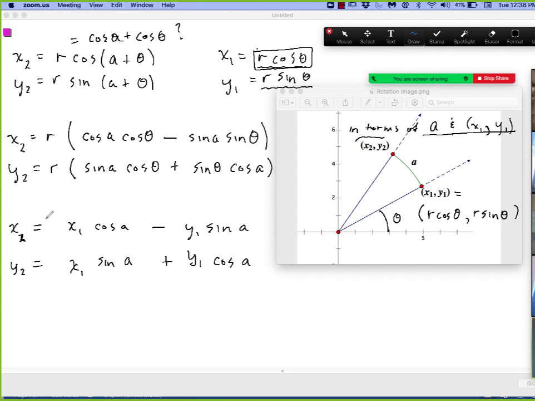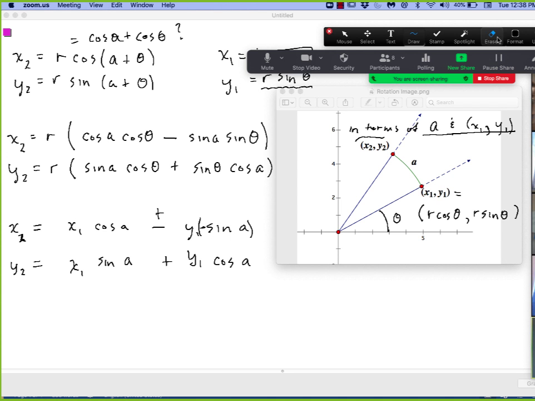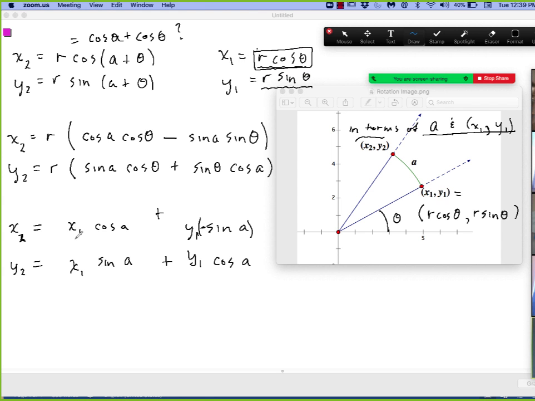Now I want to look at this and see if we notice anything. If you look at x1 and y1, here I get x1 times cosine A, and this is really plus y1 times negative sine A. And then the same two things, x1 and y1, but this time x1 times sine A plus y1 times cosine A. Does that ring a bell?